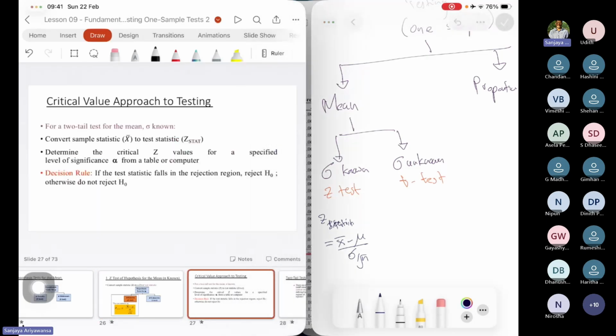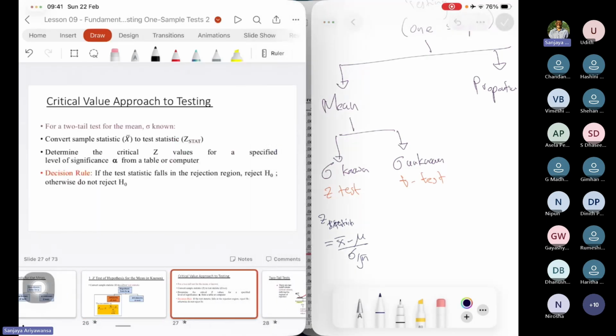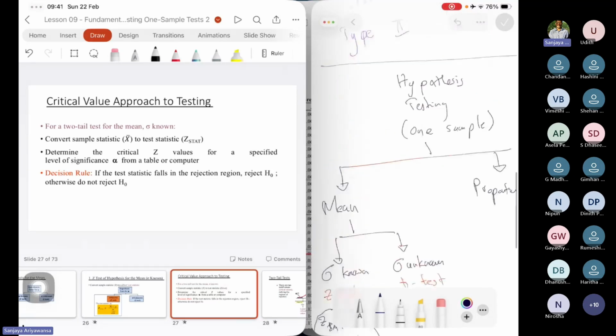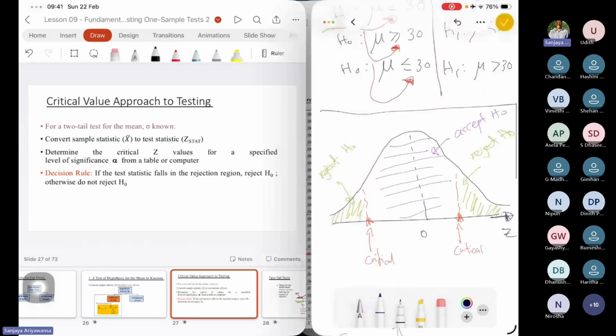What we are going to see is if the test statistic, whatever we calculate over here, falls in the rejection region that I showed you, these two regions, then we reject H naught. For example, if your Z statistic falls either here or somewhere over here, you reject your H naught.